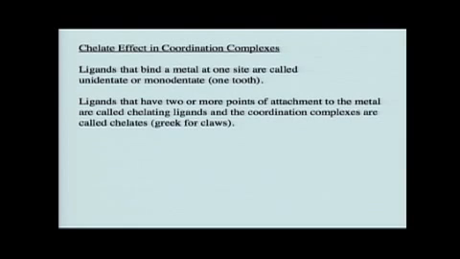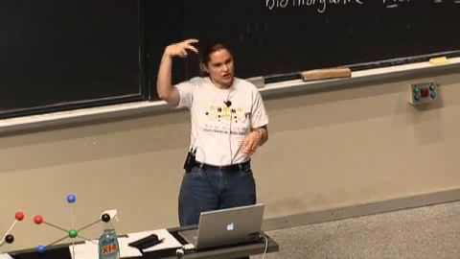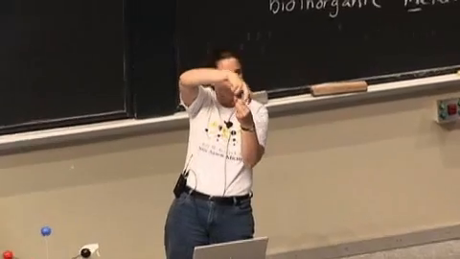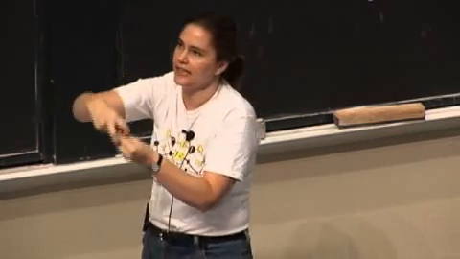Now, if a ligand attaches with two or more points of attachment, it can be called a chelating ligand. This comes from the Greek, chelate is claws. If the ligand is grabbing on, it's like a claw, and that's called a chelate.